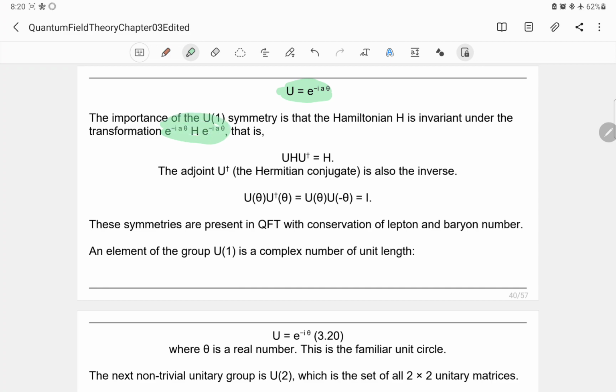By the way, this is supposedly positive, because that is the Hermitian conjugate of this one. So the i there is supposed to be positive.